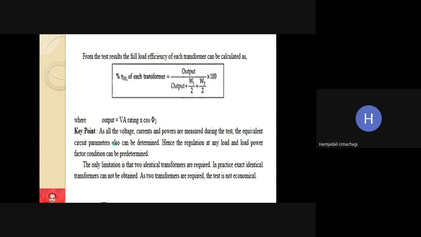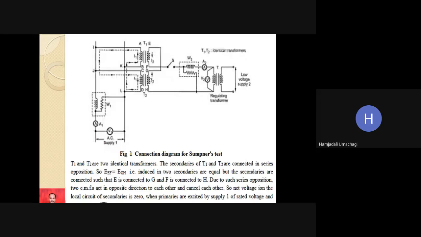With the regulation mechanism, the voltage V2 is adjusted so that the rated current I2 flows through the secondaries as shown. Now, I2 flows from E to F, then from H to G. So current I2 means the current that is flowing through the secondary side.